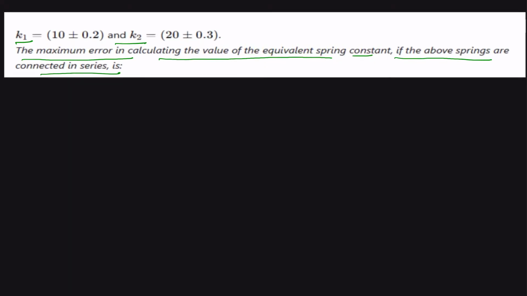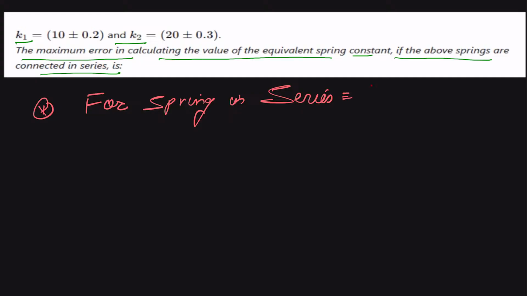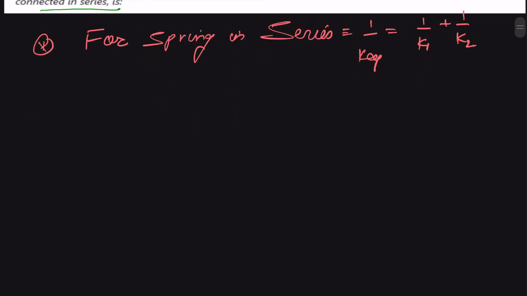So we have these two springs and they are connected in series, and we know that for springs in series, we can write 1 upon K equivalent will be equal to 1 upon K1 plus 1 upon K2, and from here we can write that K equivalent will be equal to K1 K2 upon K1 plus K2.